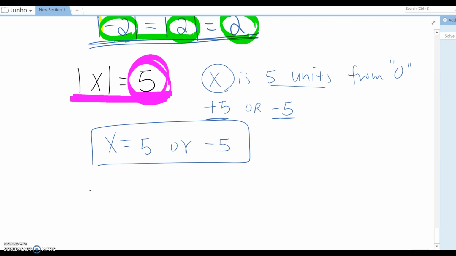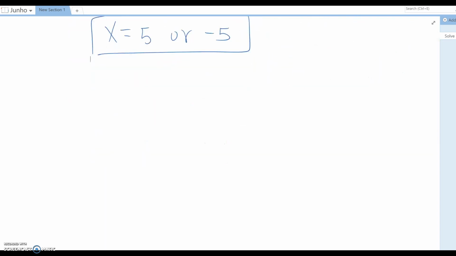Okay? Now, the second question here, absolute y equal to negative 6. What does this mean? Any y value which is negative 6 units from the 0. Right before, we just confirmed that distance cannot be a negative value.